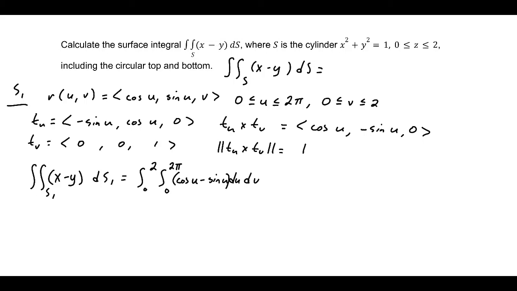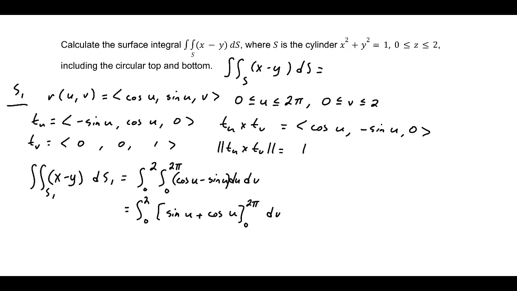The inner integral is going to be equal to, well, this will become the integral from 0 to 2 of the inner antiderivative, which becomes sine u plus cosine u, evaluated from 0 to 2 pi, and this is equal to 0 actually.